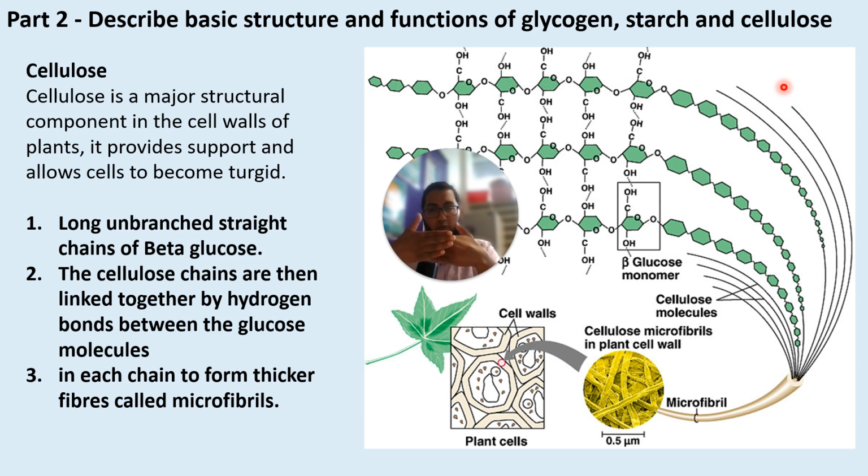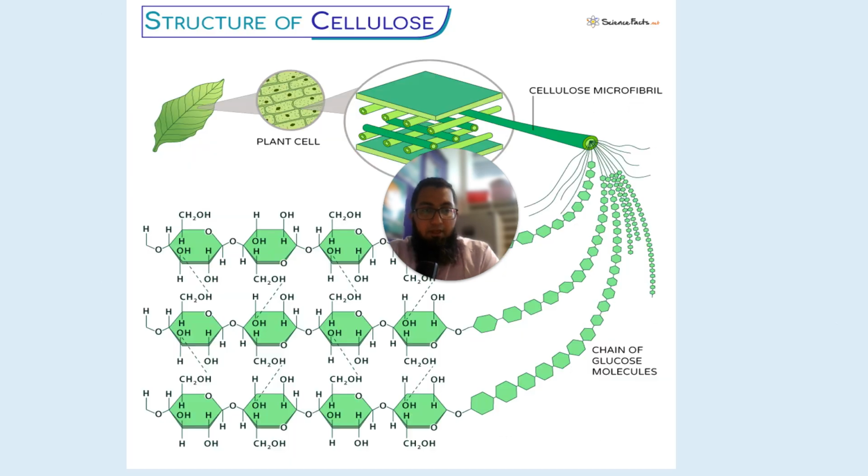There are hydrogen bonds between these chains, okay, to keep that structure strong. Okay, so we have different chains. When these different chains come together, it forms something called a microfibril. So a microfibril is made of lots of individual cellulose chains.